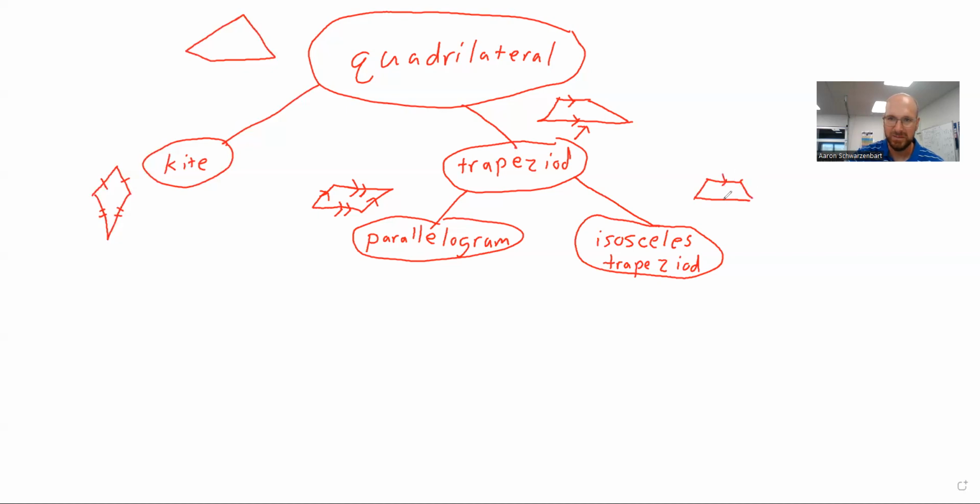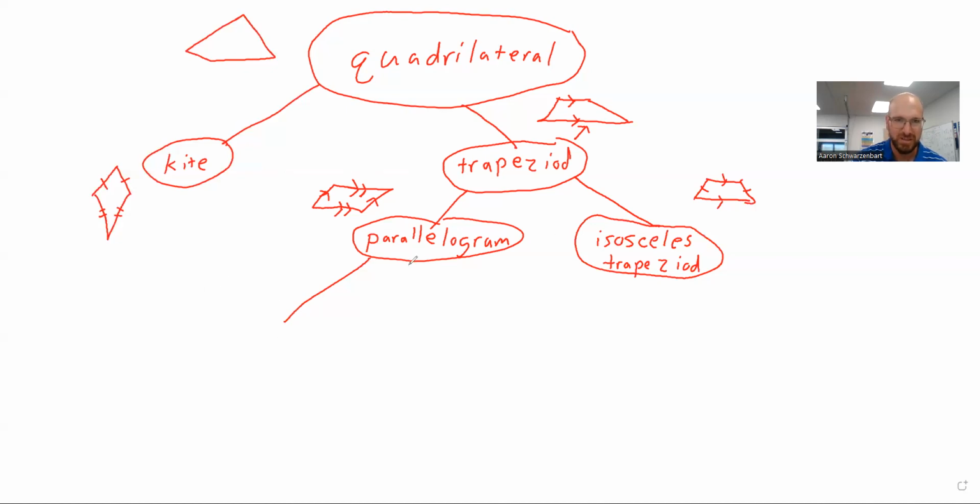So here I've got these parallel sides, and then these non-parallel sides are congruent. We're going to talk about properties later. So these are the definitions. When we talk about properties, any property of a trapezoid is also going to apply to a parallelogram and an isosceles trapezoid.